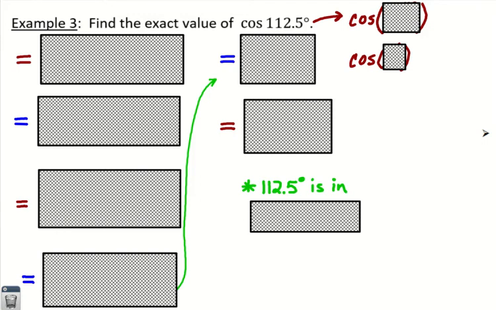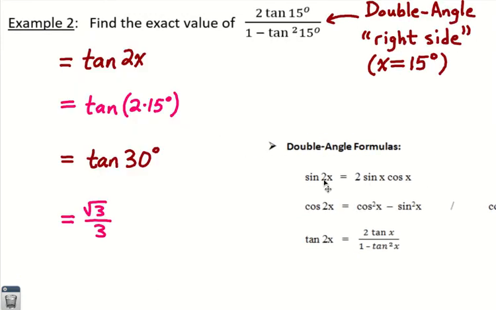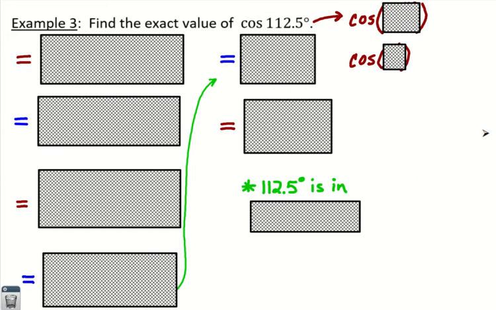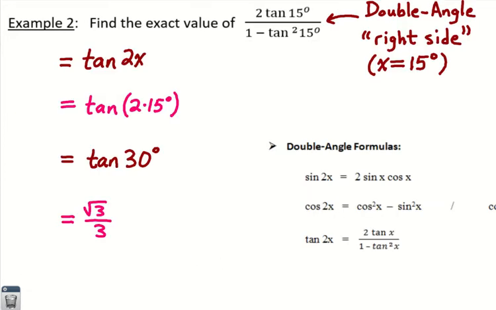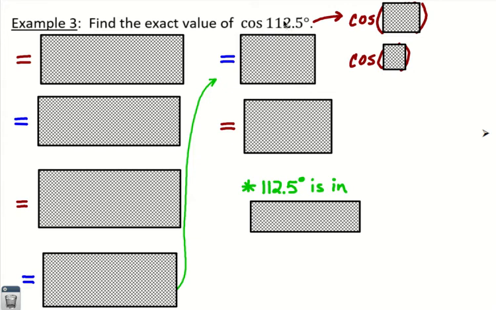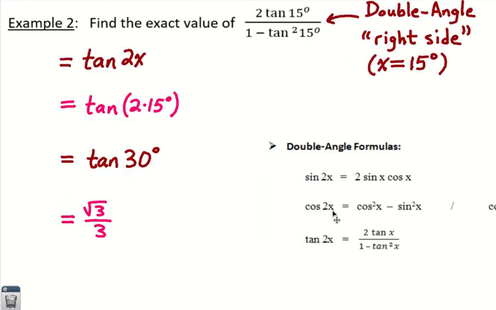Thinking back to these formulas, could we rewrite, what was it, sine? This was cosine. Could we rewrite 112.5 as 2 times a nice angle? Because this angle x, we want to be a nice angle.